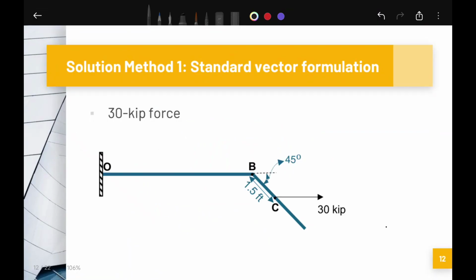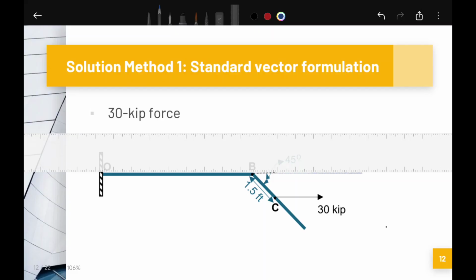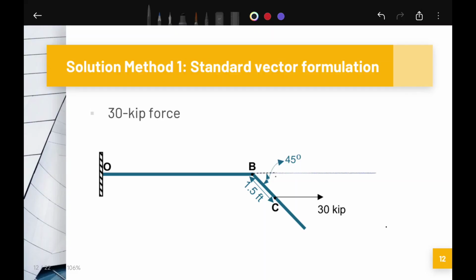Our second force is the 30 kip force parallel to the x-axis. That's why our reference line is also parallel to the x-axis. I draw a perpendicular line from C to our reference line. This is 90 degrees.